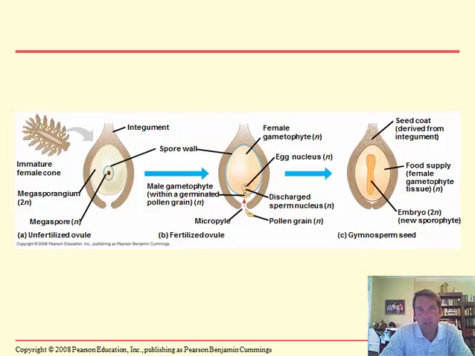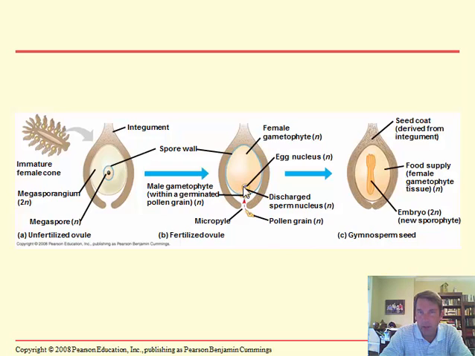But this shows a pine, a female cone here, and on the female cone are these scales, and they each carry an egg. So here is our ovule or egg, and the sperm is carried by the pollen, and it's transferred to where it fertilizes the egg.